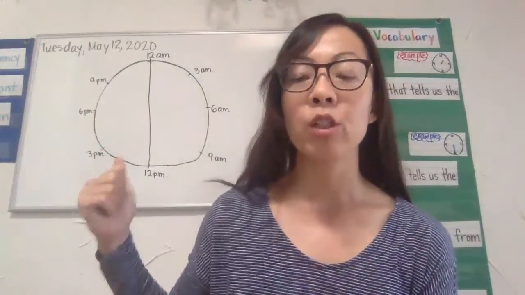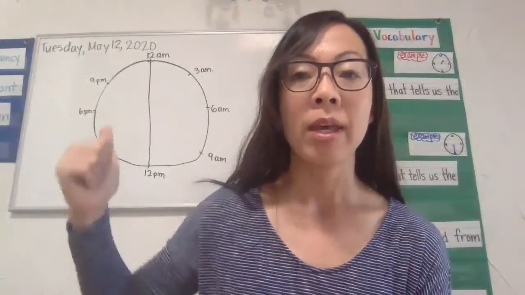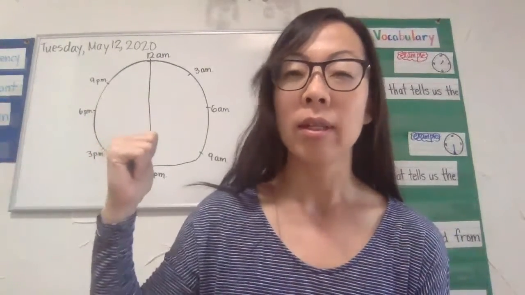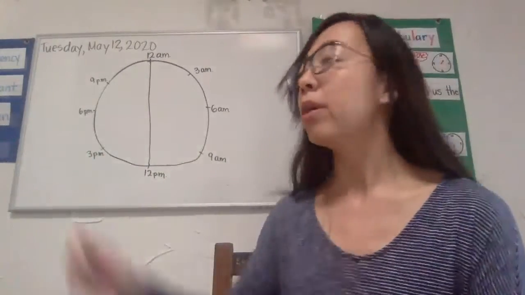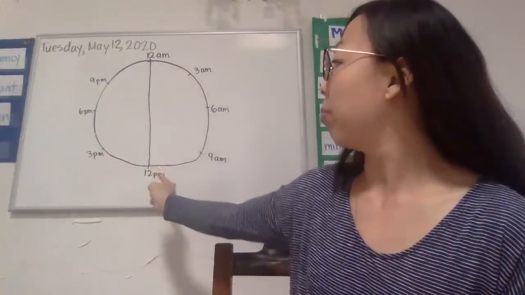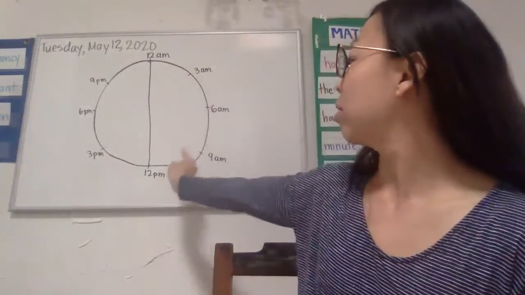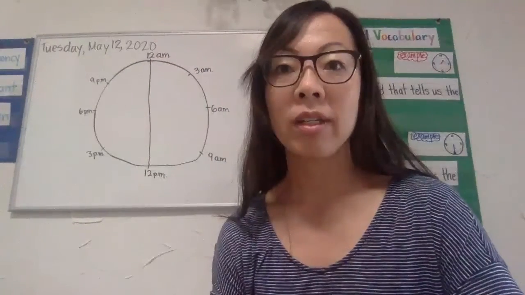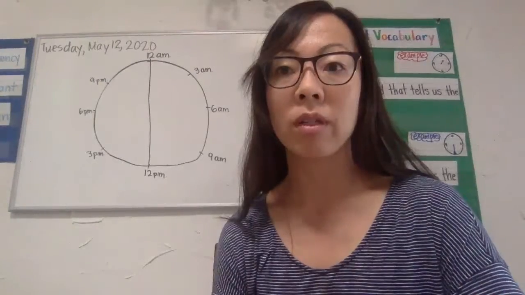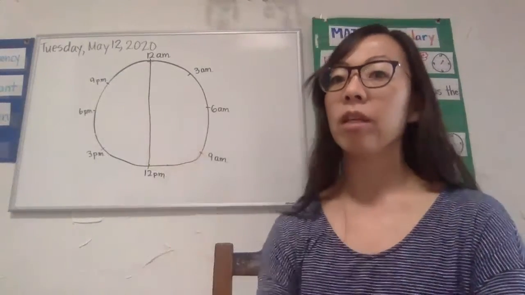Now, I put a chart behind me today that is not like a normal clock. You can see I actually separated it in a new way. I have AM on the top and PM on the bottom, and then I have some different times in between. So I want us to take a look at things that we do during those time periods. So let's take a look at this chart.